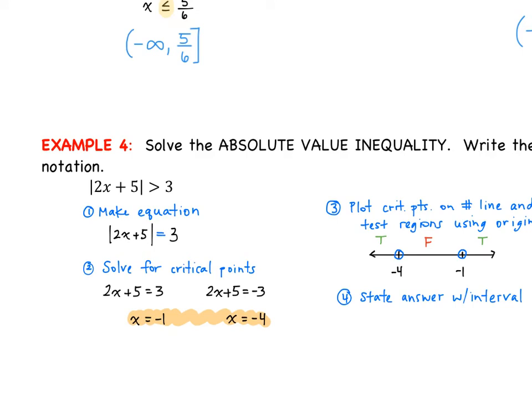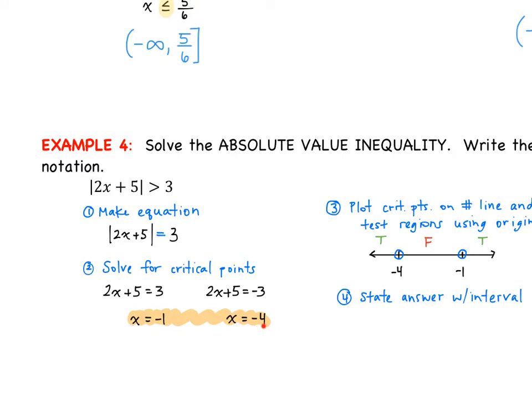Step 1, we always make it an equation. So instead of an inequality, I'm going to make it an equation. And then I'm going to solve that equation for what we call critical points. Okay, we know how to solve absolute value equations. We were just doing that in the last video.